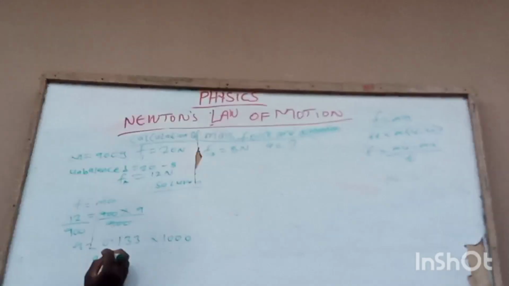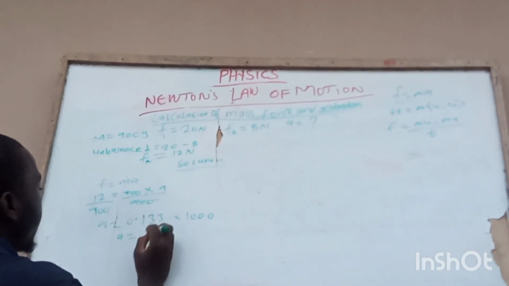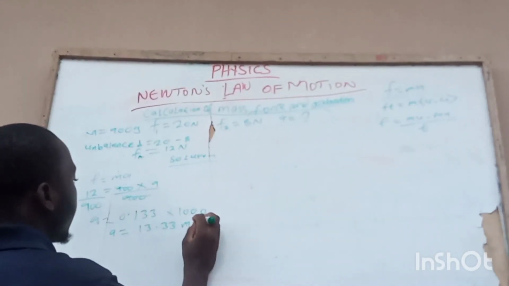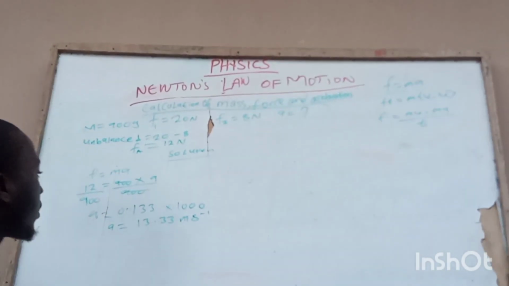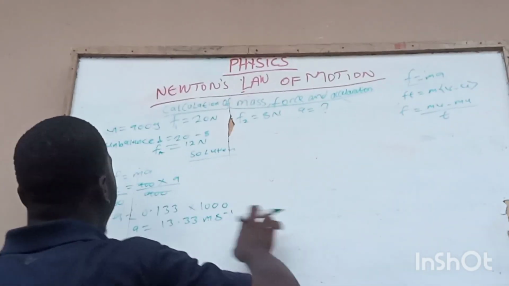Let's multiply this by 1000 to get our acceleration in the lowest term, and this is going to give us 13.33 meter per seconds. And if you wish, right from here you can divide it by 1000.